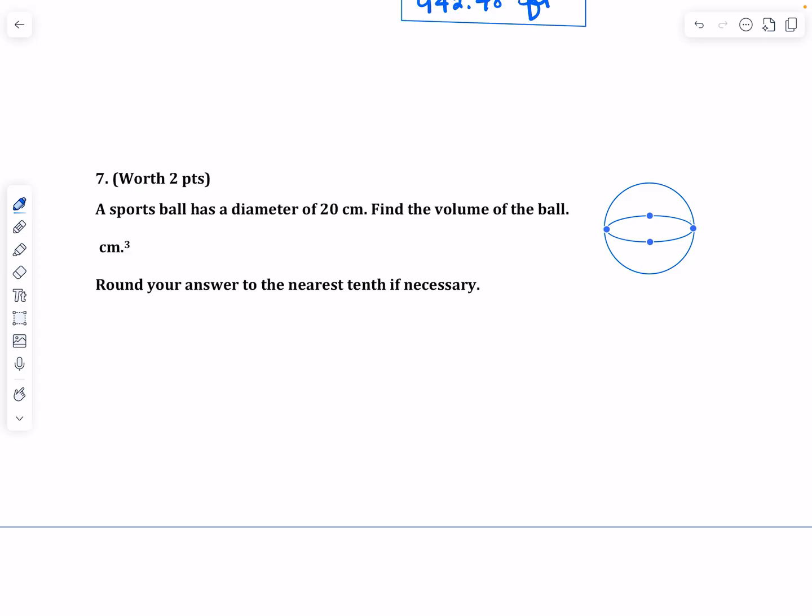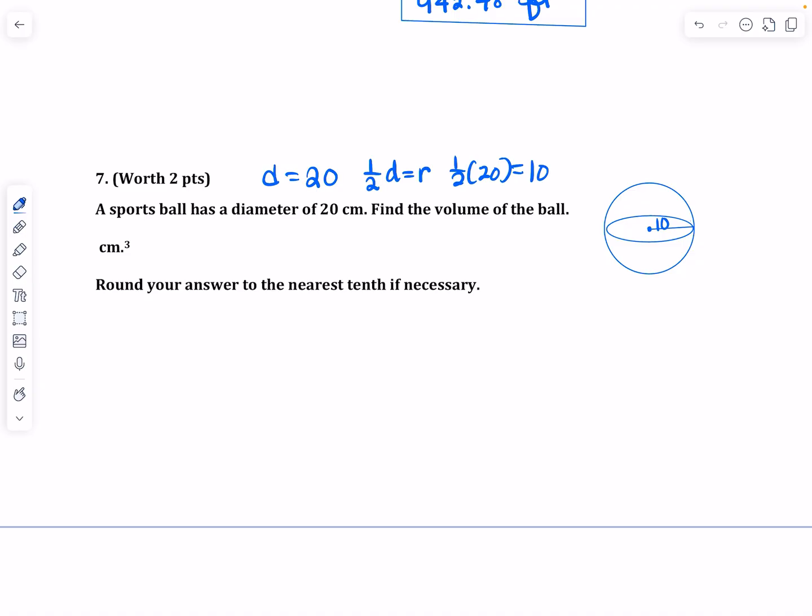So the sphere, we definitely need to know the radius. The radius is unknown right now, but we know the diameter equals 20, and 1/2 of the diameter equals the radius. So 1/2 of 20 equals 10. That is r. So the radius is 10.